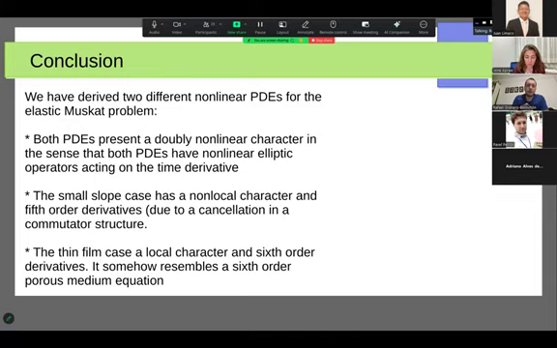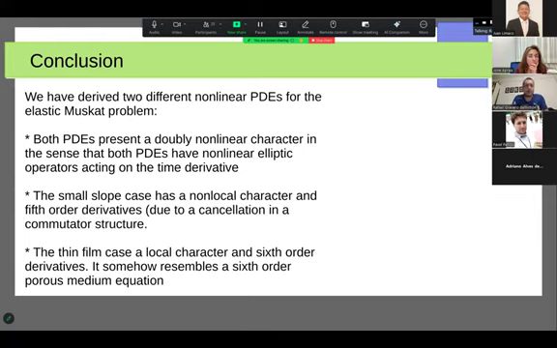The orders of the operators are different, but if you formally think of the order of the space derivative on the right hand side and subtract the order of the space derivative in the elliptic operator, they remain a nonlinear heat equation, in the sense that we have a time derivative of something equal to two derivatives in space of something else.